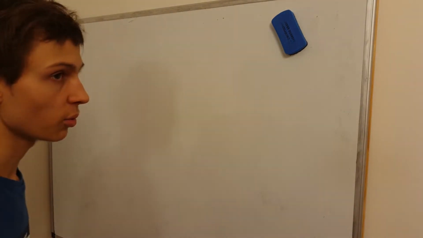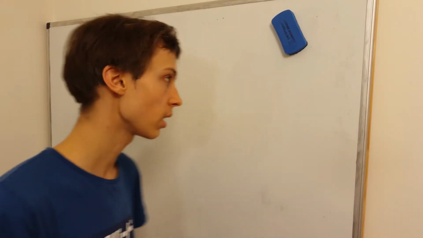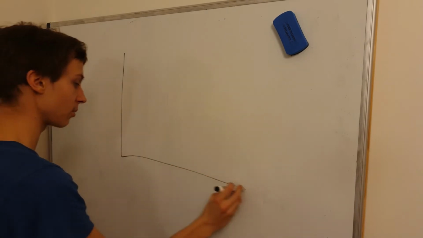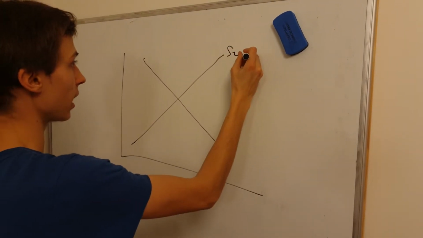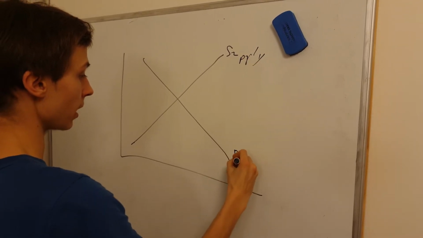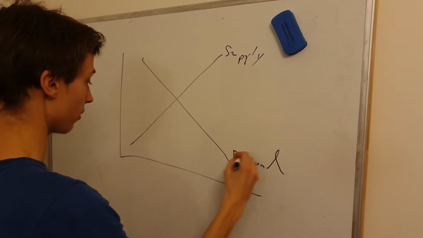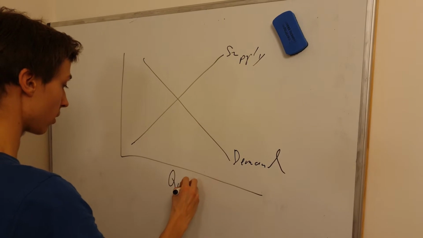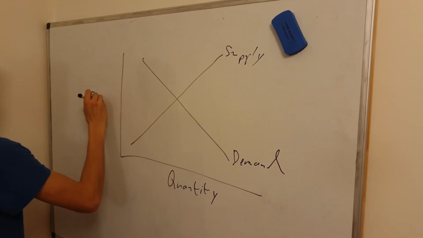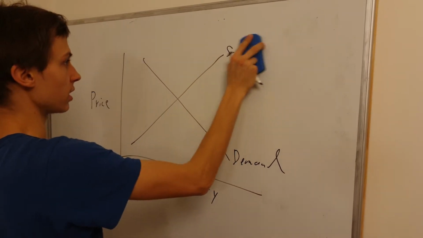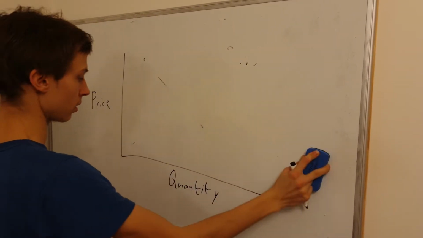And so let me show this with the case of price floors and price ceilings, because this is a very easy way to show it. We just did price ceilings and price floors anyway. We have this standard supply and demand graph. Then we have quantity right here and price right here.